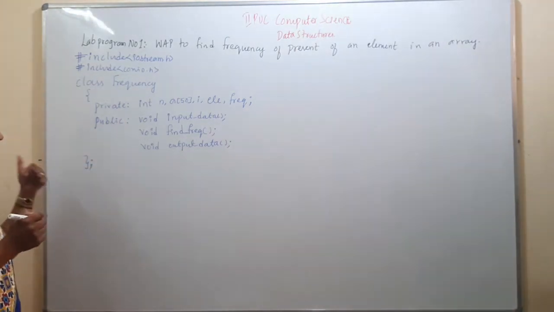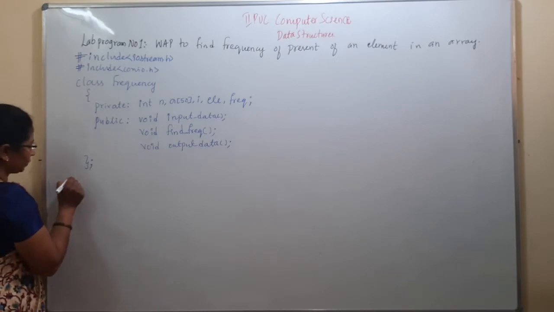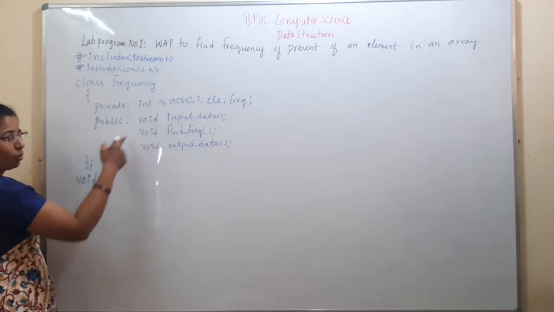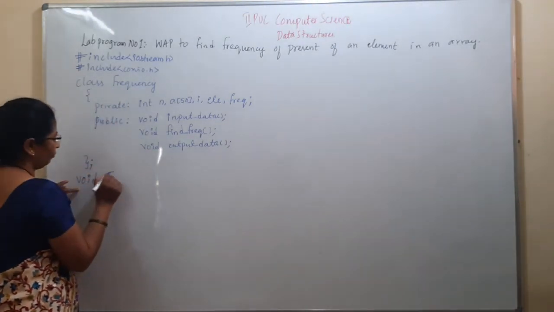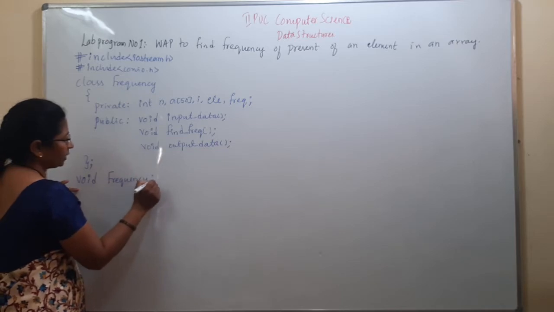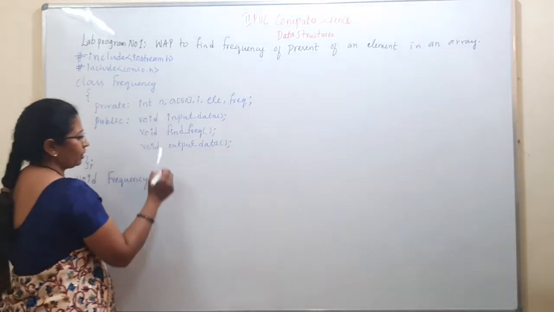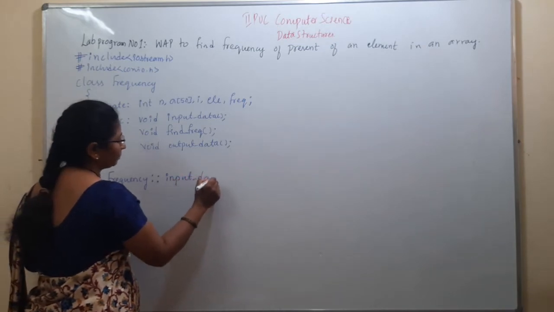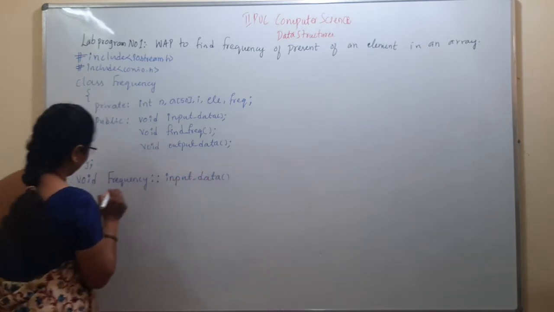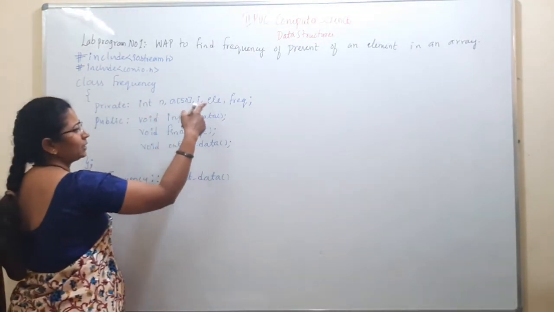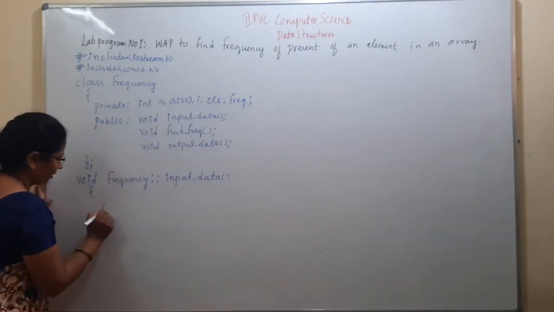Those functions we define outside the class with the syntax: return type void, class name frequency, scope resolution operator, member function name, input_data. So what inputs do I need? Array size, array elements, then the searching element.